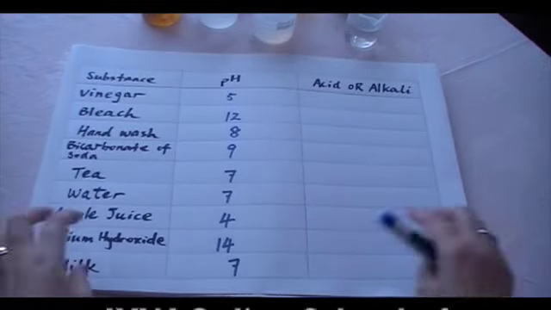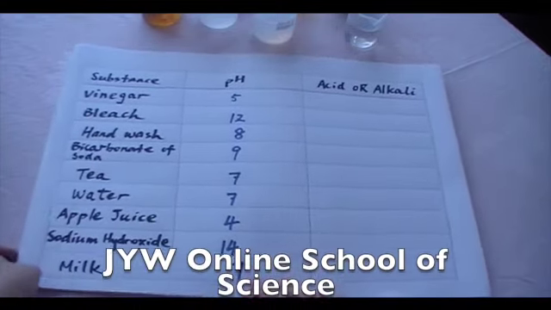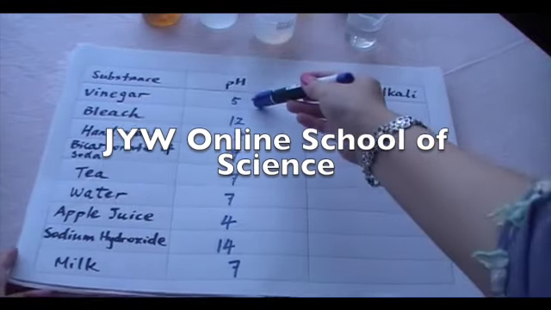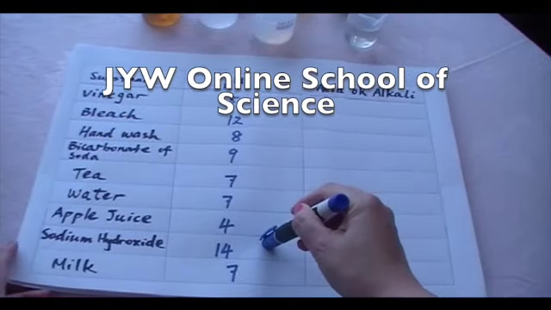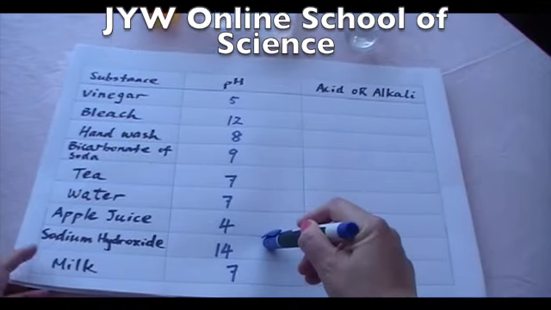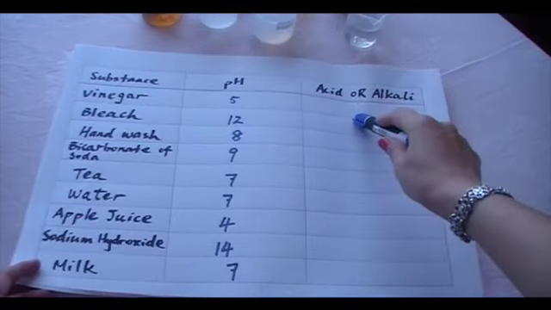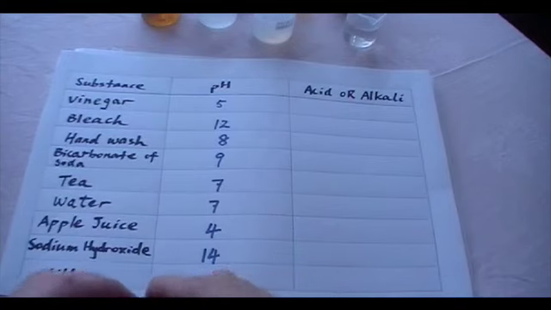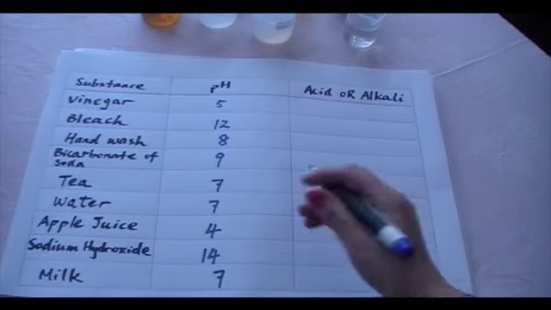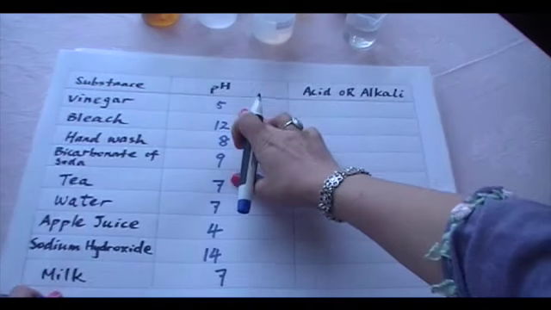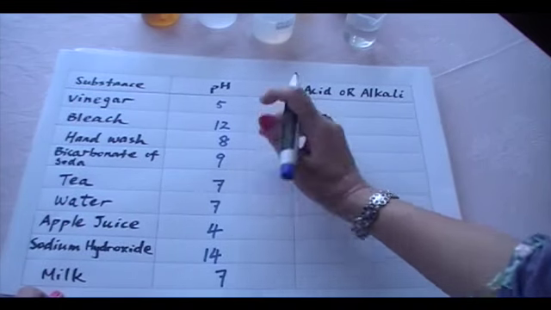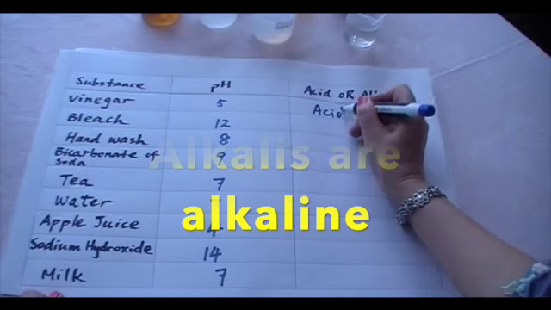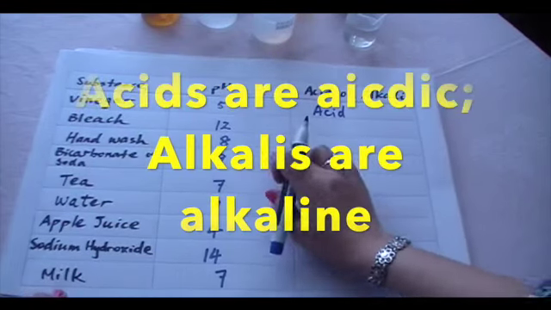Now we have this results table, and the pH values we have tested have been recorded in this column, so we can look at them to decide whether they are acidic or alkaline. Let's see. Vinegar, pH 5. So anything less than 7 is an acid. So it's acidic.